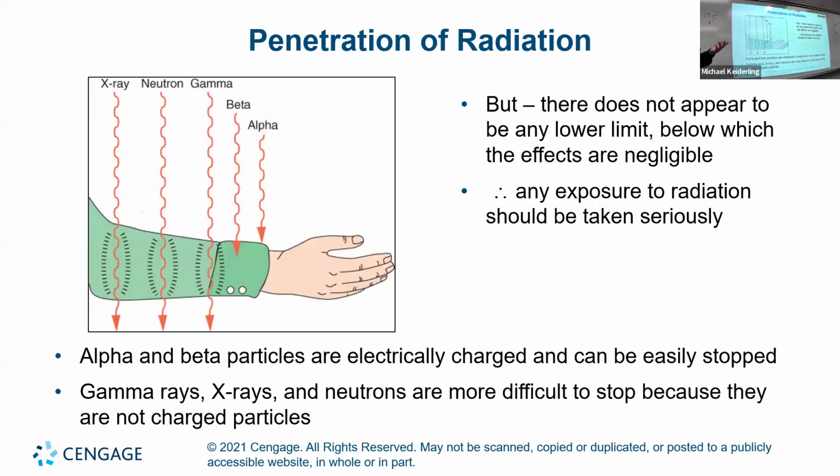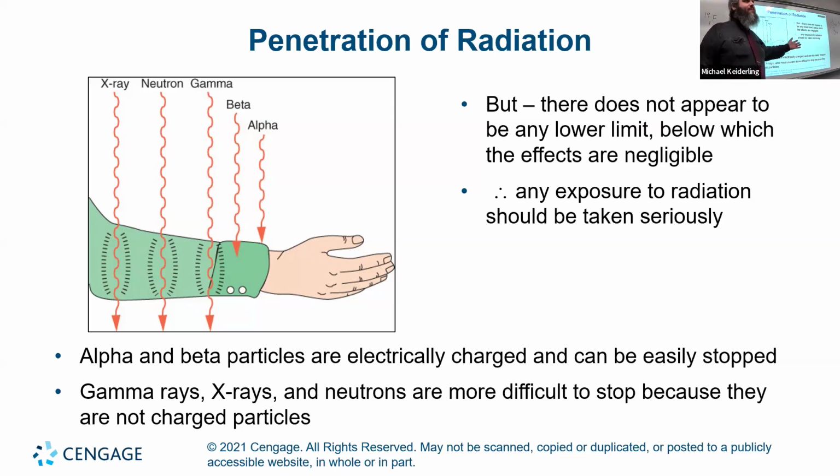And the penetration of radiation, we don't really understand radiation stuff, but it appears there's no lower limit below which the effects are negligible. So any exposure to radiation should generally be taken seriously, but you shouldn't panic. Things like alpha and beta particles get stopped easily because they're electrically charged.